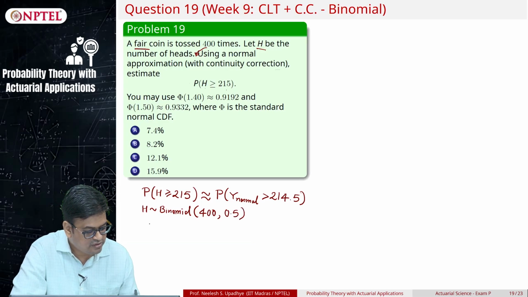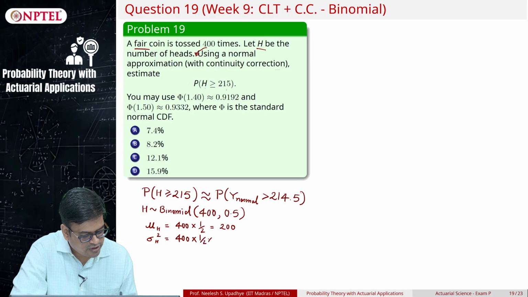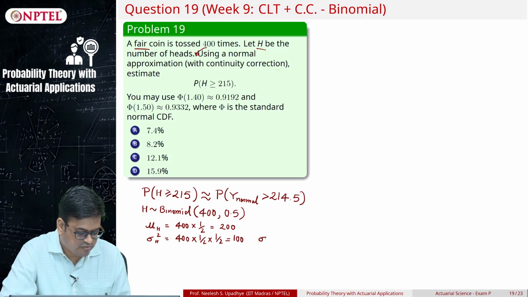Therefore, I know that mu H will be equal to np, which is 400 into 1 by 2, which gives me 200, and sigma square H will be equal to 400 into 1 by 2 into 1 by 2, which is 1 by 4. So, 400 divided by 4 gives me 100. Therefore, the sigma H associated with this will be 10.